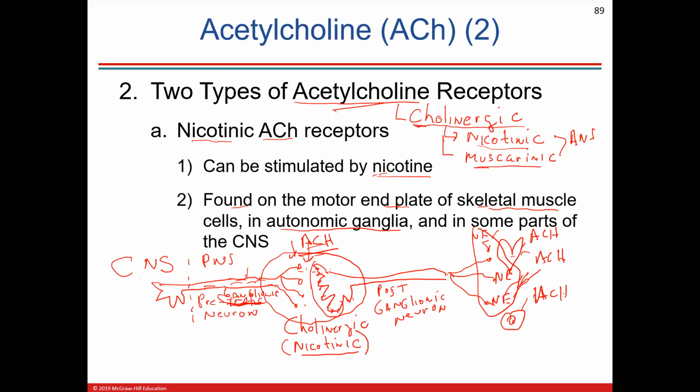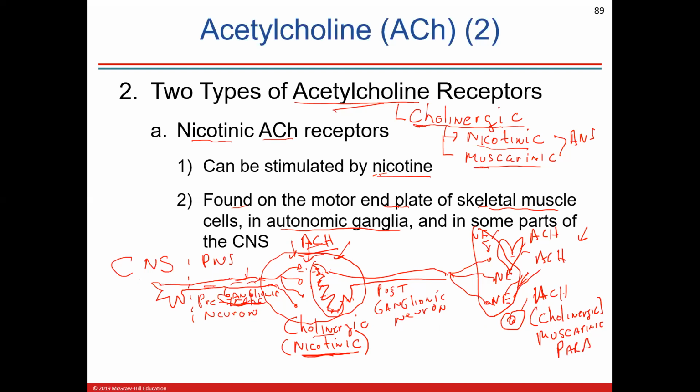So the first synapse involves cholinergic receptors for acetylcholine, and they're always nicotinic. It doesn't matter in this synapse if it's parasympathetic or sympathetic, but out here to the effector, it matters. So all the receptors for ACH are cholinergic, and they're called muscarinic to the effector. And that's only parasympathetic.